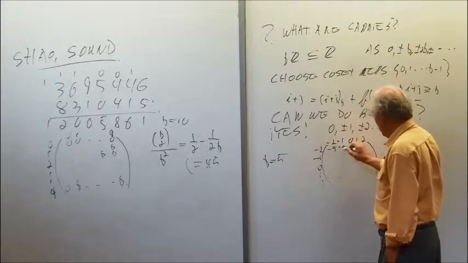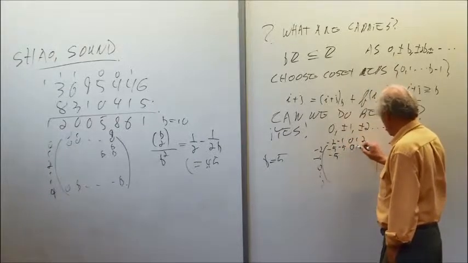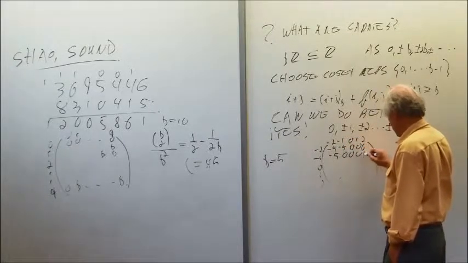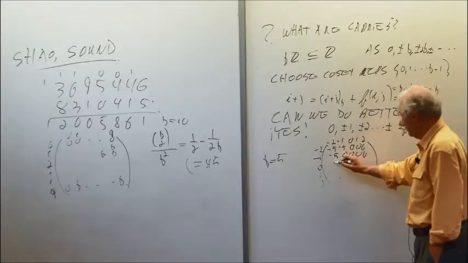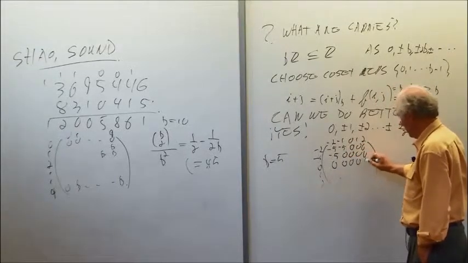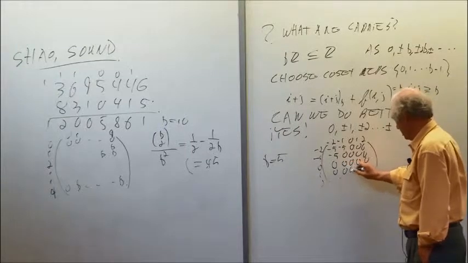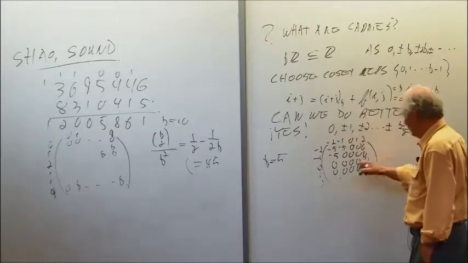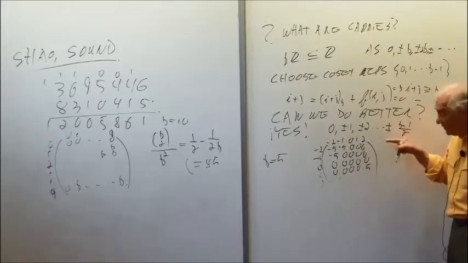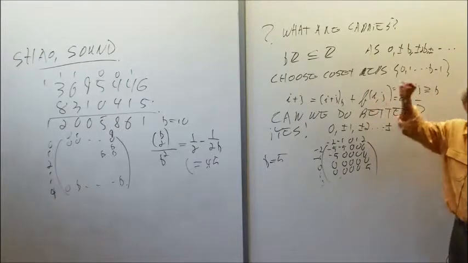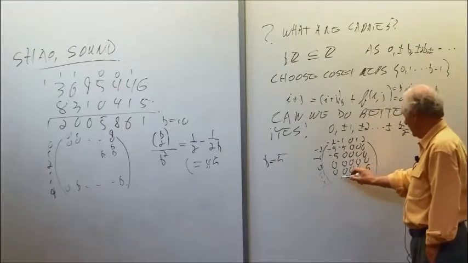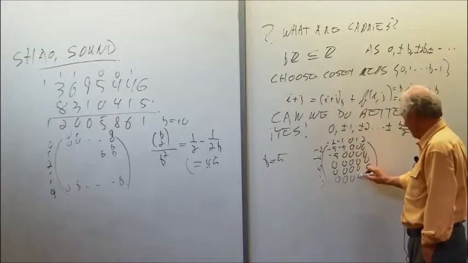And minus 5 here, and 0, 0, 0, 0, 0, 0, 0. If you add 0 to anything, you have no carry. Here's 0, 0, 0, 0, 5. 1 and 2 are 3, which is 5 minus 2. And then 0, 0, 0, 5, 5.